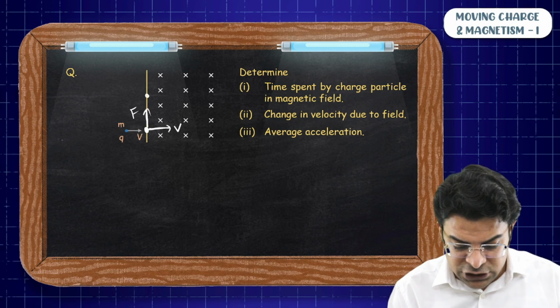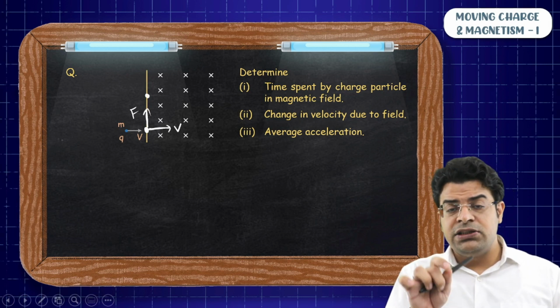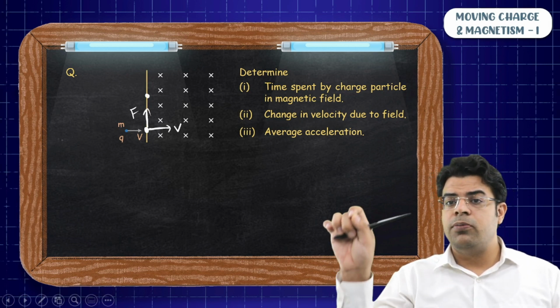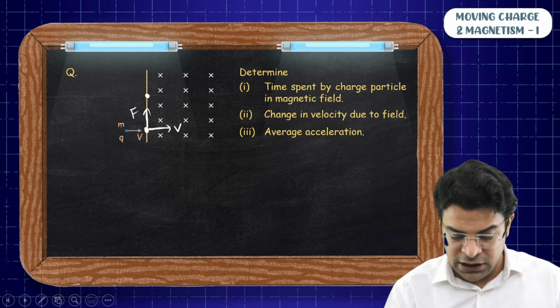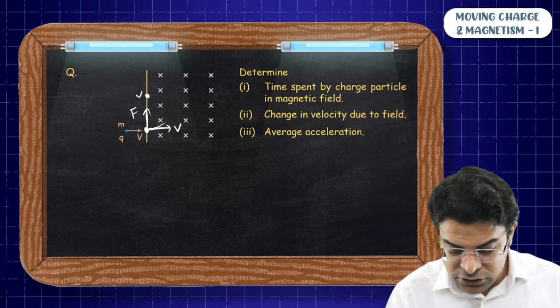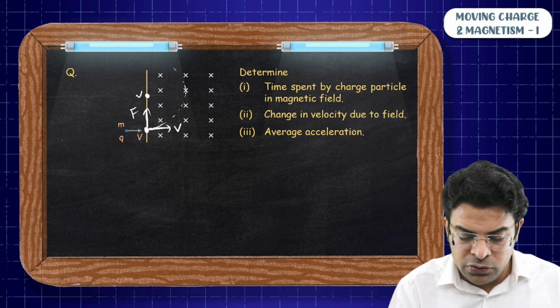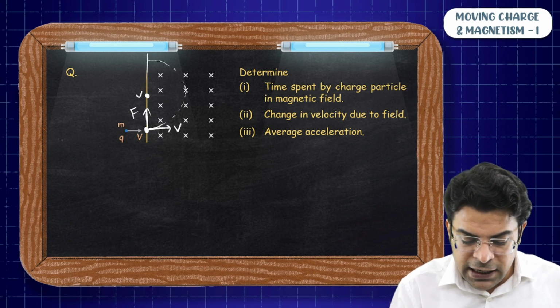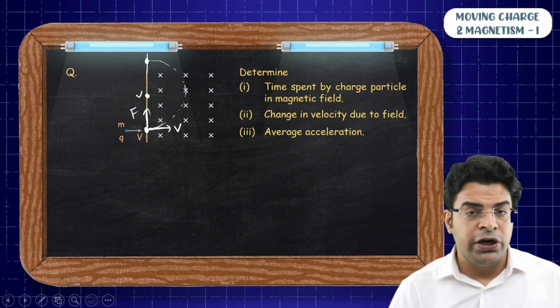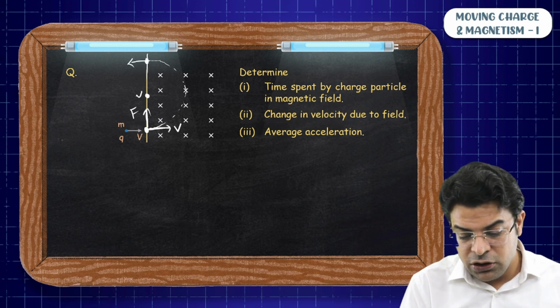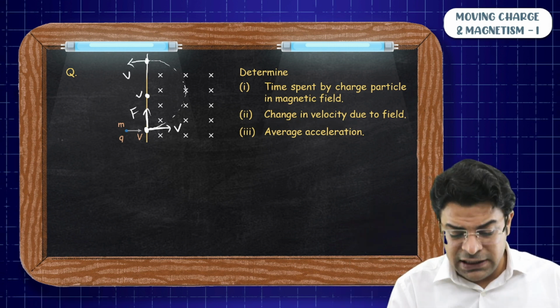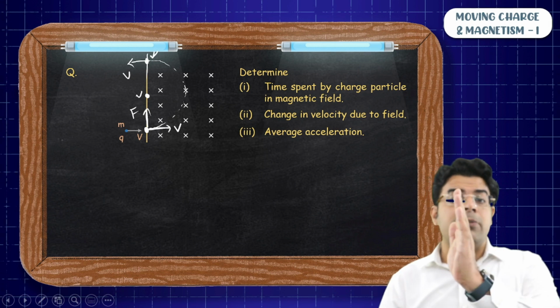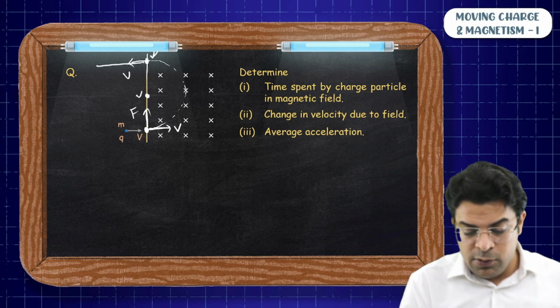So the center has to be somewhere here. Then this charged particle will start moving in a circle with the center somewhere here. After reaching this point, it will have a velocity towards left. And once it reaches this point, it will cross the magnetic field region and then move straight.